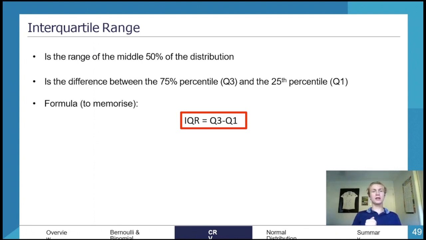Okay, so IQR is the difference between the 75th percentile Q3 and the 25th percentile Q1. This is a formula that you do have to memorize. This one is not on the data booklet, so you are going to have to memorize this one, unfortunately. But it's pretty simple. It's just IQR equals Q3 minus Q1.